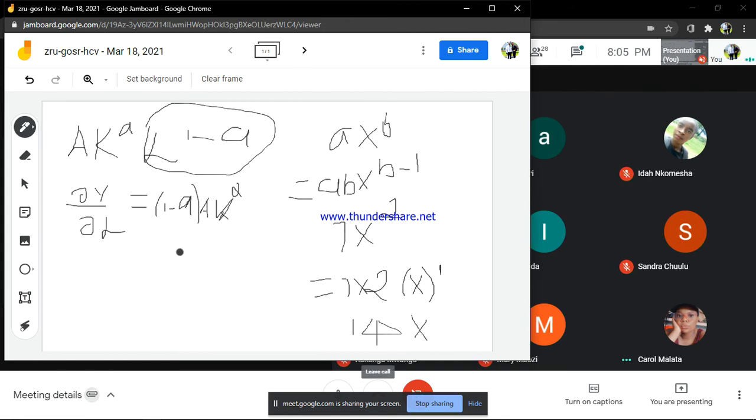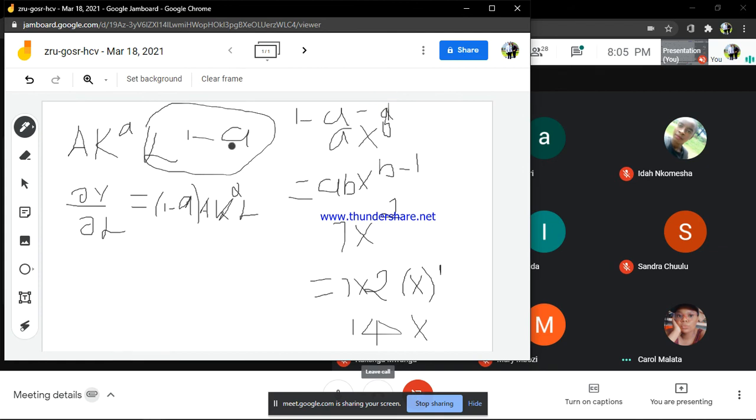Then this L, I'll put it here, then I'll say this exponent minus 1, so this is 1 less alpha minus 1.